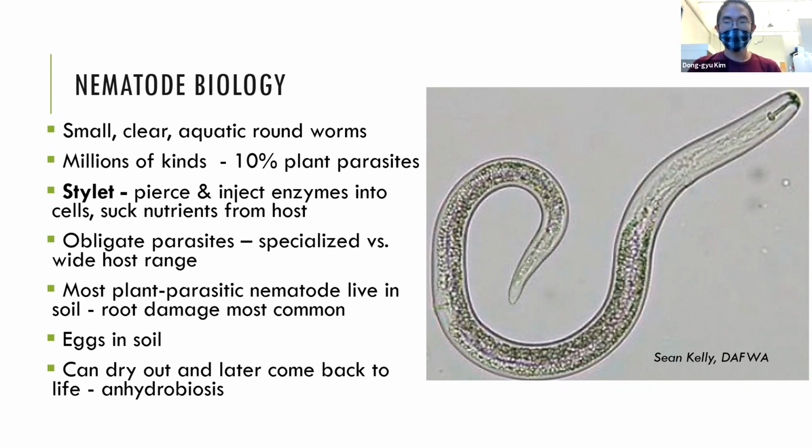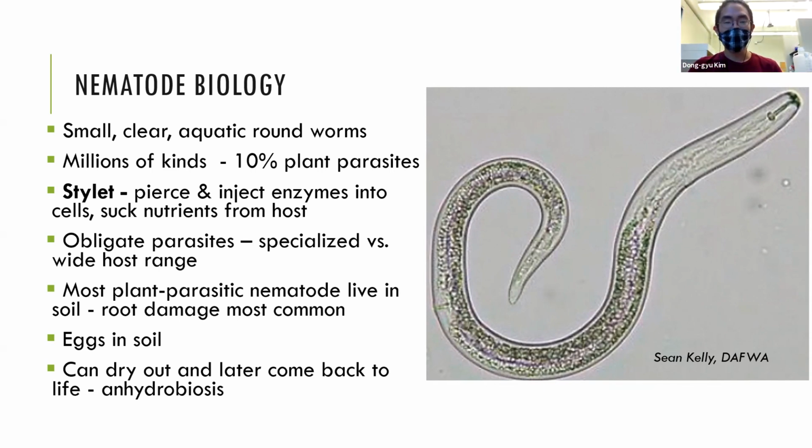And this really is a testament to the diversity of nematoda as a group of organisms. Hundreds of thousands have been described taxonomically, but nematologists, or scientists who study nematodes, believe that there may be millions, tens of millions of nematodes out there that are yet to be discovered and described.